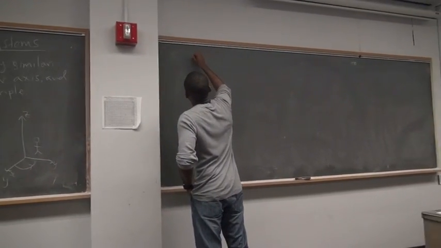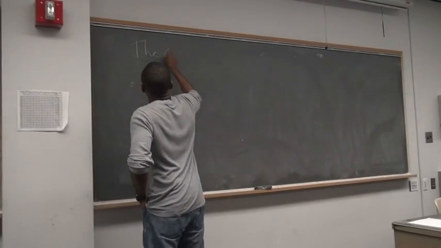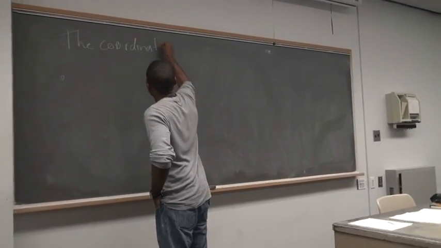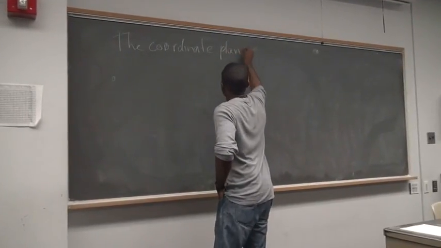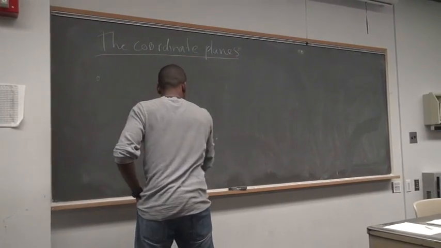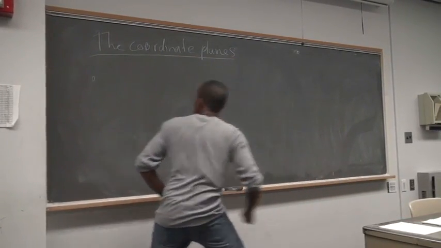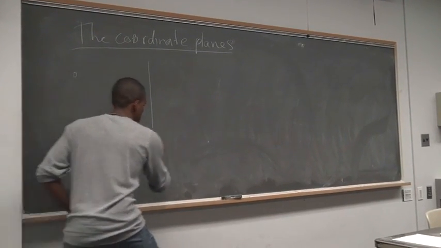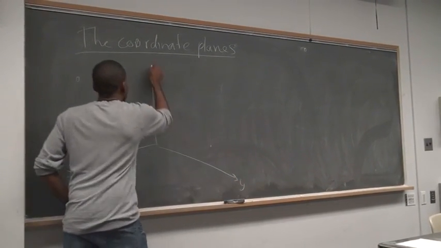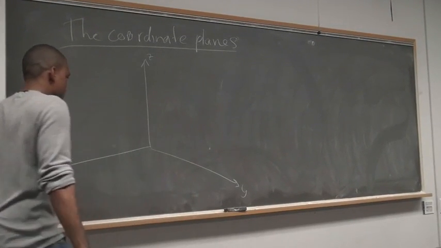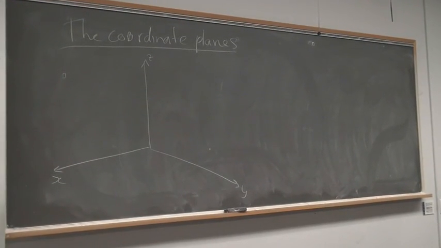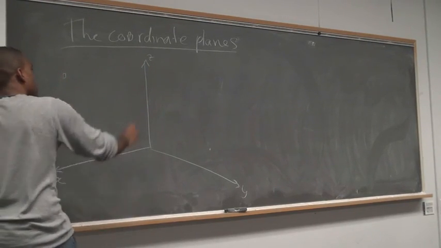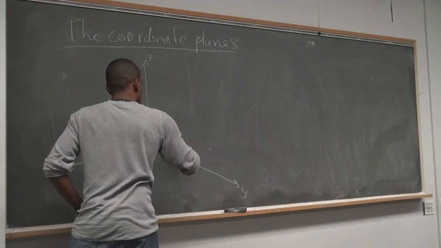And now we're going to introduce the so-called coordinate planes. Right? So you have the same sort of space, x, y, z. And the idea is, if you think of this as the corner of a room, you're going to have like a wall going here. Right?